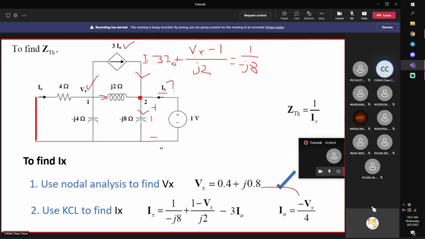So I put Ix here. Inflow, inflow, inflow equal to outflow.